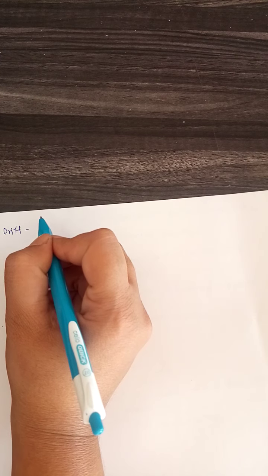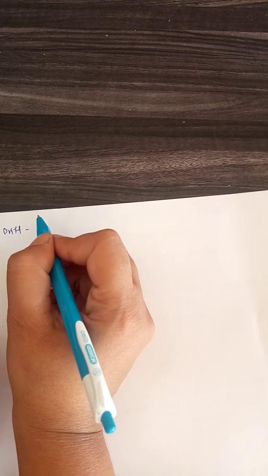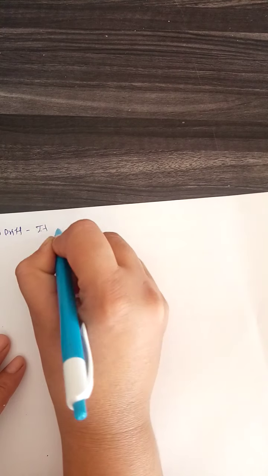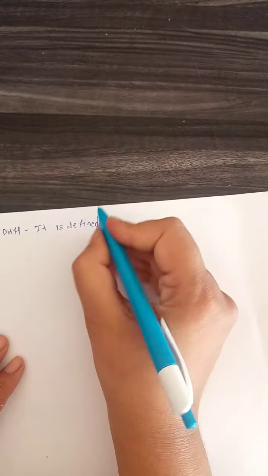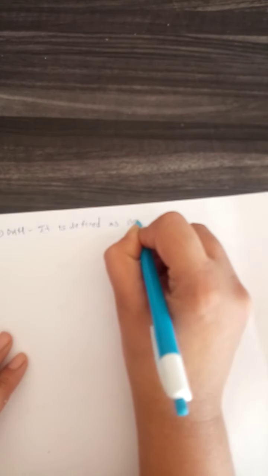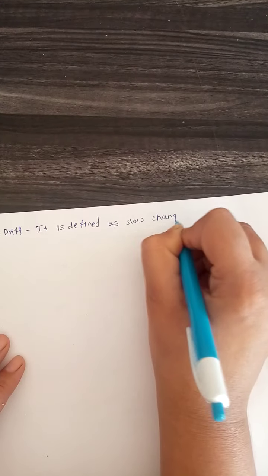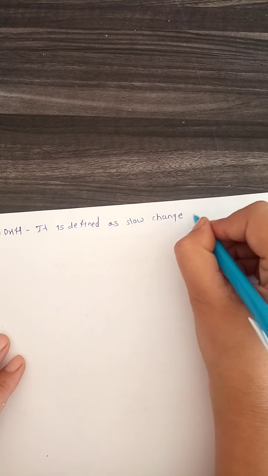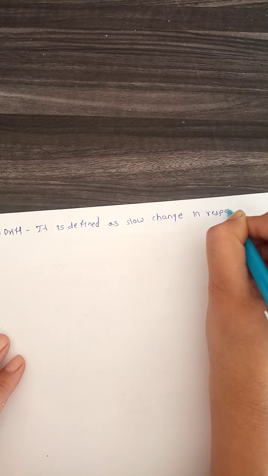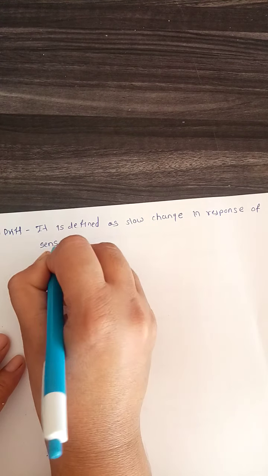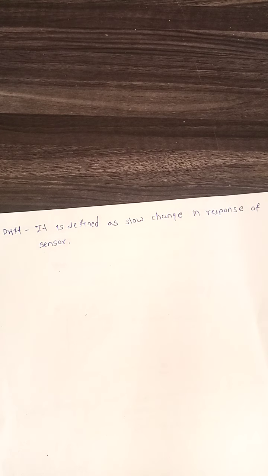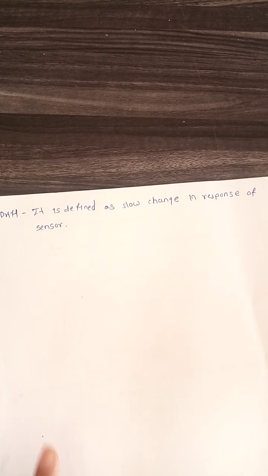It is defined as the slow change in the response of the sensor. This is called the drift.